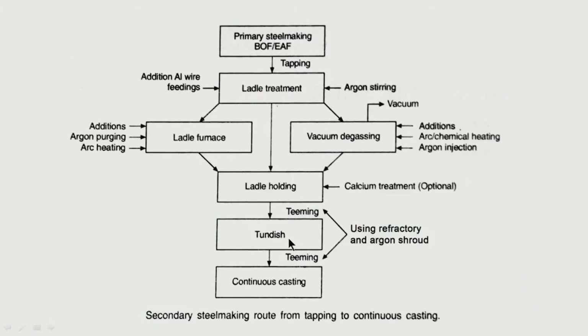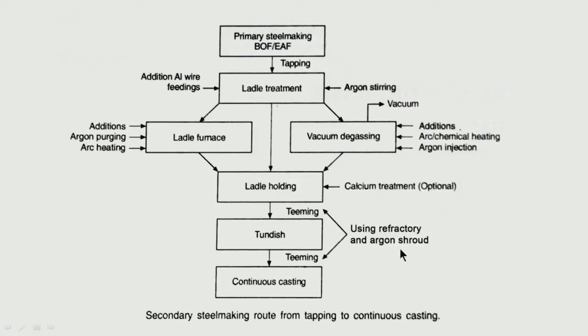Now, from the tundish, finally the liquid steel is allowed to move to the continuous casting mold. Again the liquid steel will be coming out, so at this stage of teeming there has to be a refractory shroud, which we call a submerged entry nozzle. The liquid steel is not allowed to fall just like that.